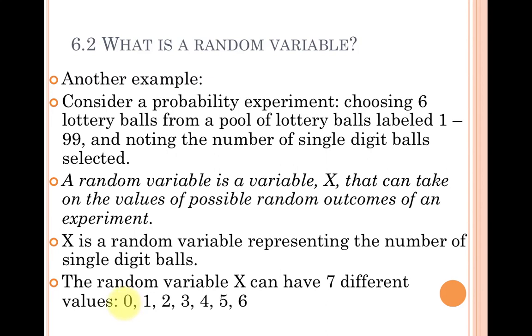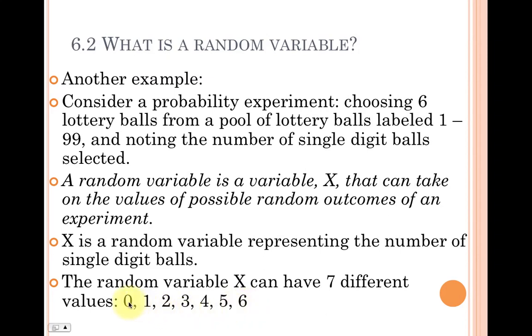It's possible that every one of those 6 balls is a double-digit number. But it's possible that you get one single-digit number. It's possible that you can get 2 single-digit numbers. It's possible that you get 3 or 4 or 5 or at most 6 single-digit numbers. It is possible that you can get all 6 balls having single-digit numbers on them when you pull them out of this pool of lottery balls.